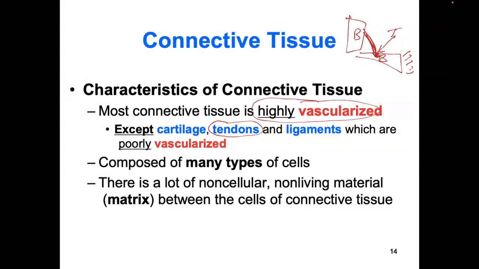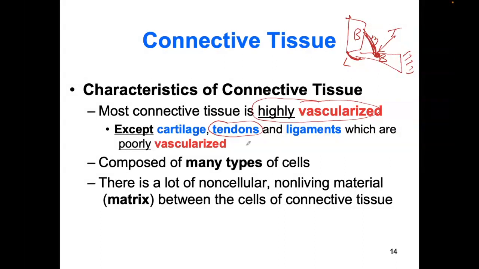The tendon is how the muscle attaches to the bone. But when you go from bone to bone, like this, that's a ligament. So tendons attach muscle to bone, ligaments go bone to bone.